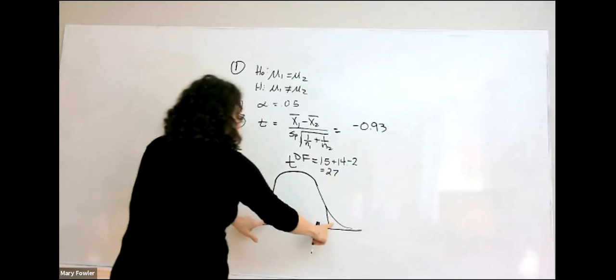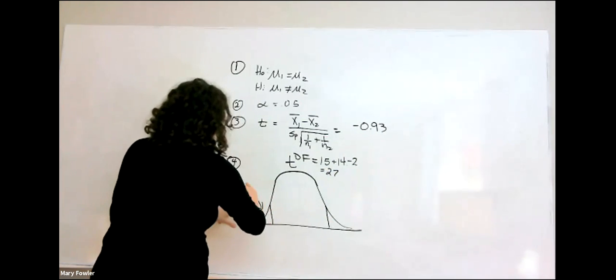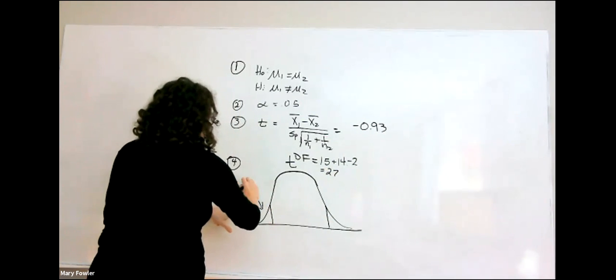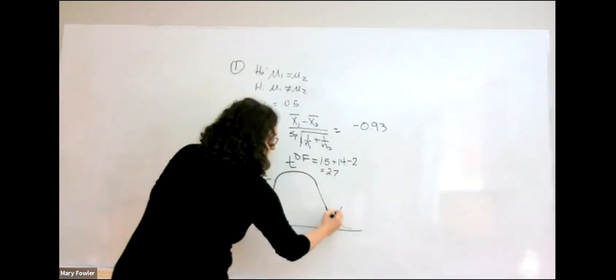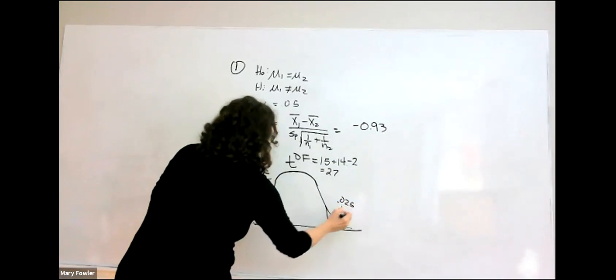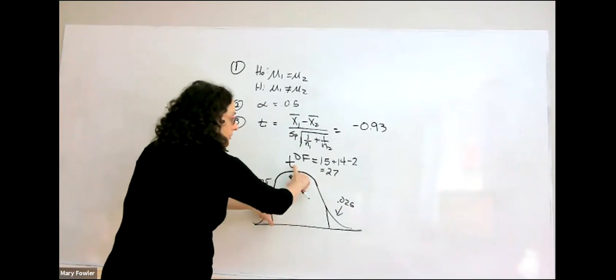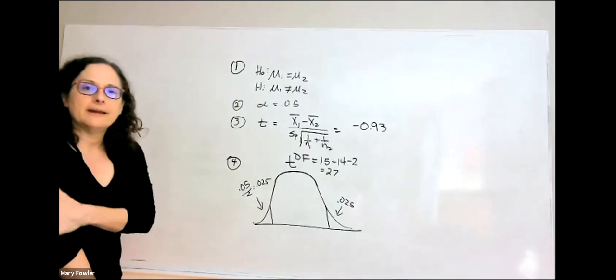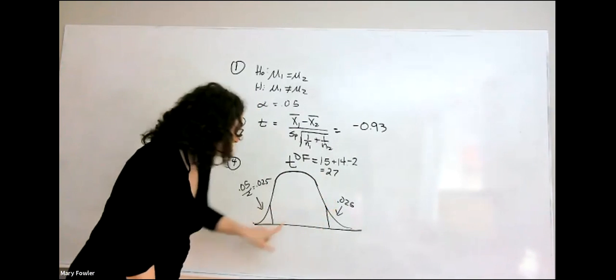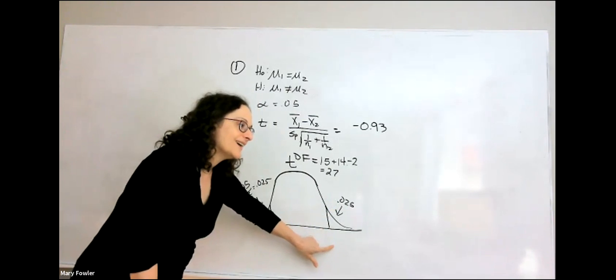And we need alpha over 2, 0.05 divided by 2, 0.025 in each tail. Okay, so we need to go to the t-table for 27 degrees of freedom and find the 0.025 critical value.